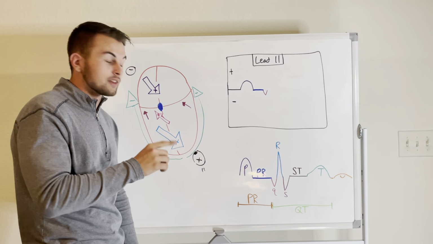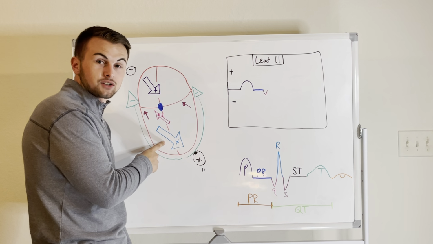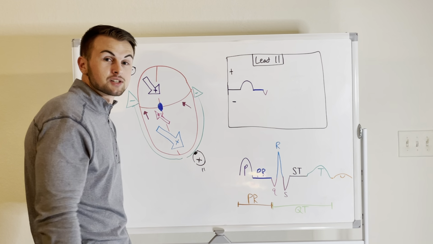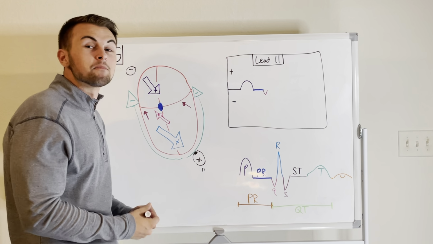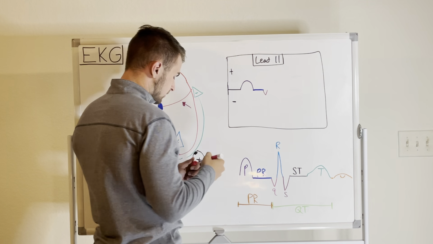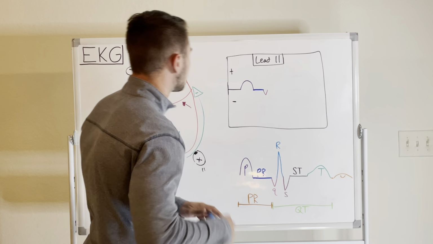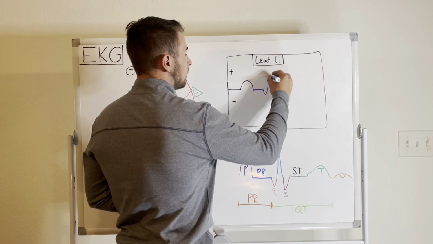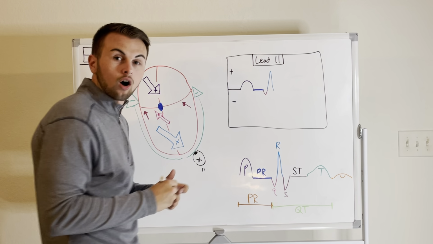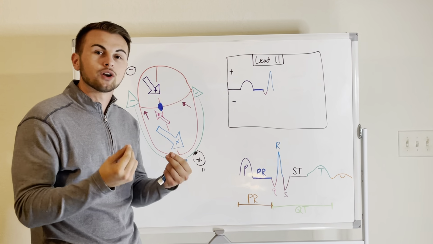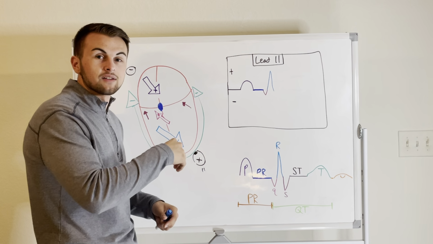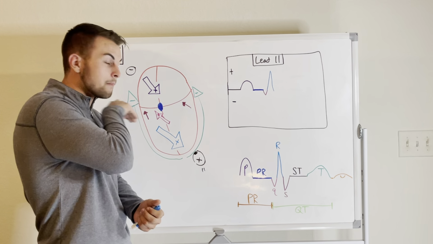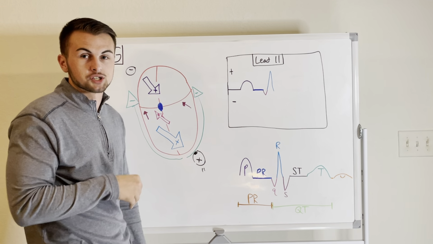Because we know that this giant positive vector is traveling towards the positive electrode, it will create a major positive deflection. And this positive deflection is called the R wave. So we now know that the R wave is representative of major ventricular depolarization.